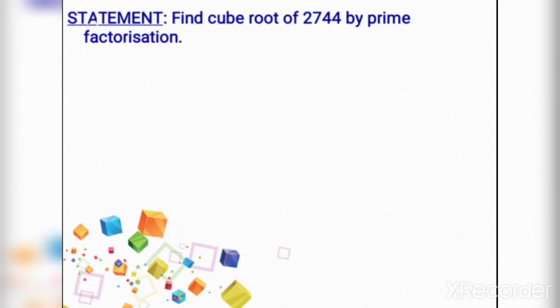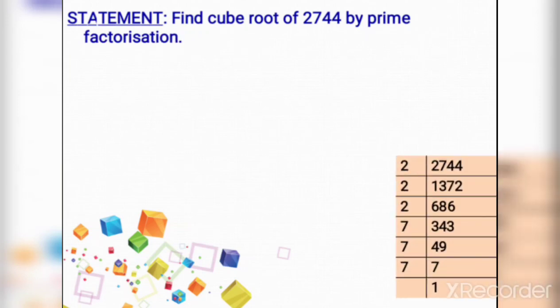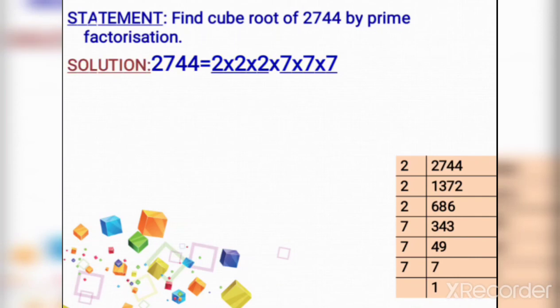Now, we will find the cube root of the given number by using the prime factorization method. I have a number 2744. Just now, we calculated the prime factors of the number 2744, which is equal to 2 multiplied by 2 multiplied by 2 multiplied by 7 multiplied by 7 multiplied by 7.